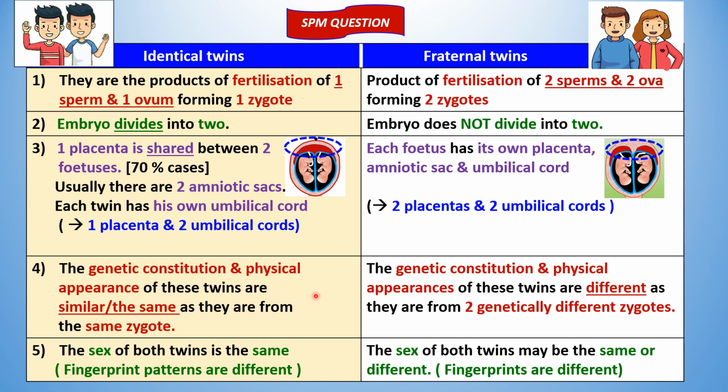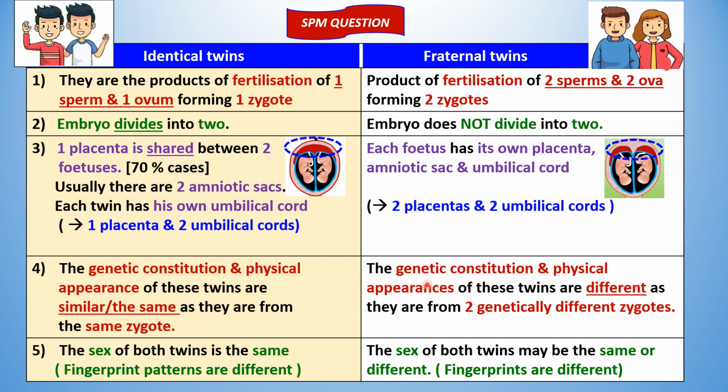Number 4, the genetic constitution or genetic makeup and physical appearance of the identical twins are similar or the same, as they come from the same zygote. And actually, they originate from the same ovum that's fertilized by the same sperm. Okay, so the gametes are the same, leading to the formation of just one zygote.